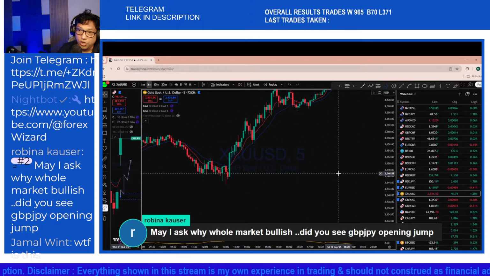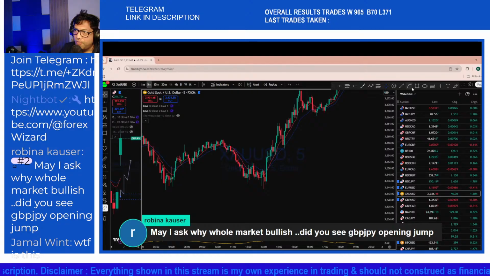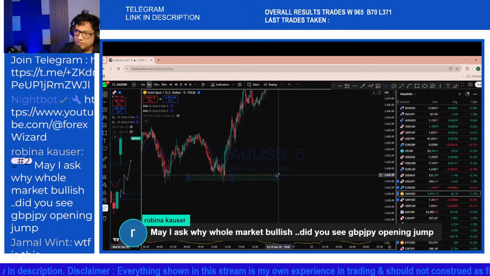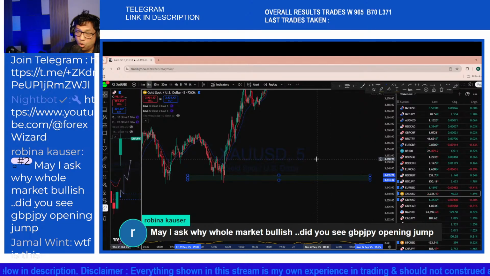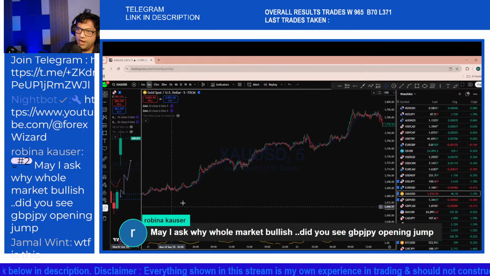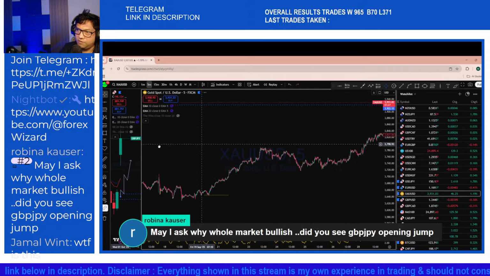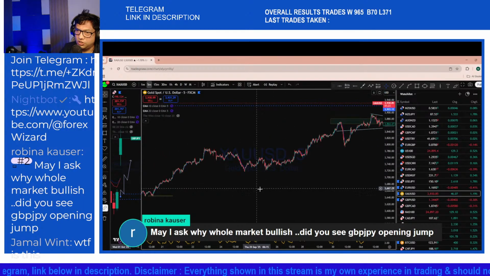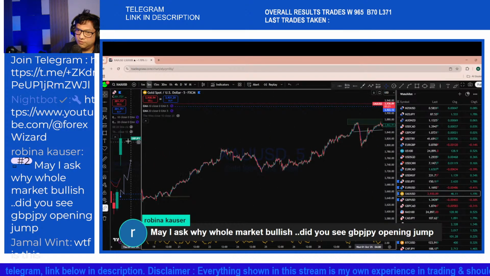Okay, so you know this trade here, right? That's from the Friday session, where you opened from here, and look at how far that trade has made it from the level that you bought. This was the entry of that move.